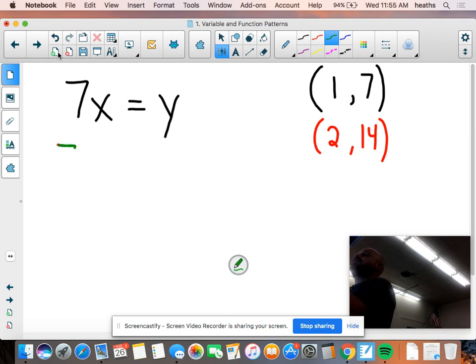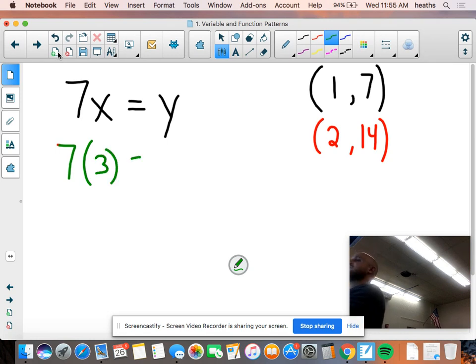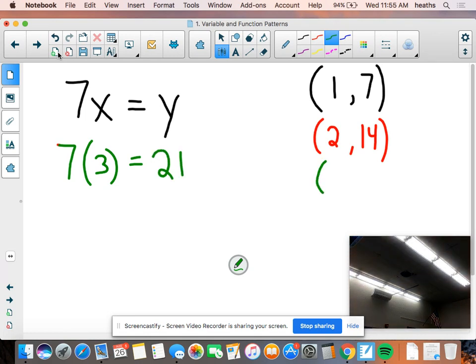Okay, if I go, again, $7 an hour times I worked 3 hours, 7 times 3 is going to give me 21. So the X value would be 3, and the output or Y value is going to be 21.